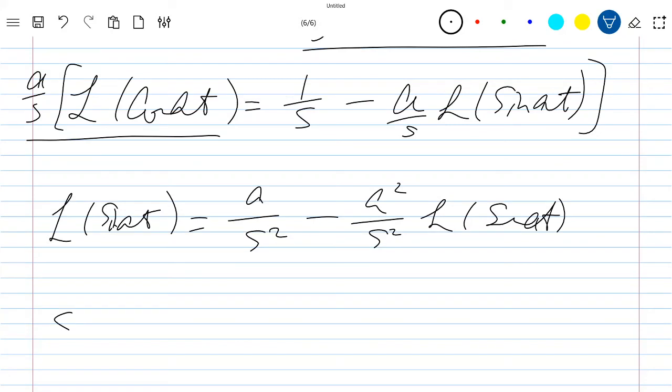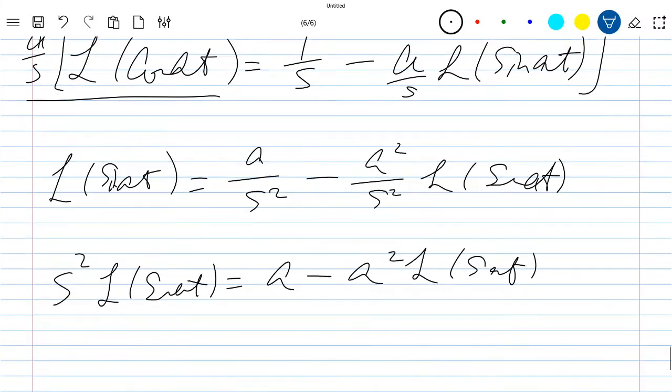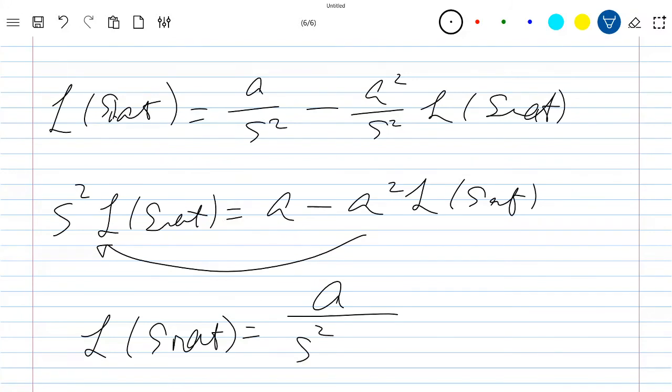And we can multiply s squared on both sides. a minus a squared L of sine at, and you can move this one over there, so you get L of sine at equals a over s squared plus a squared. Alright, that's what you have.